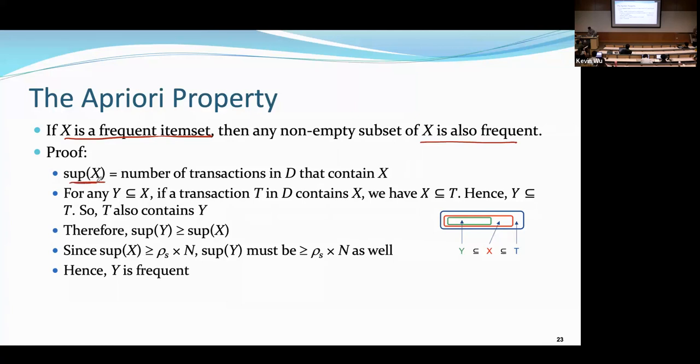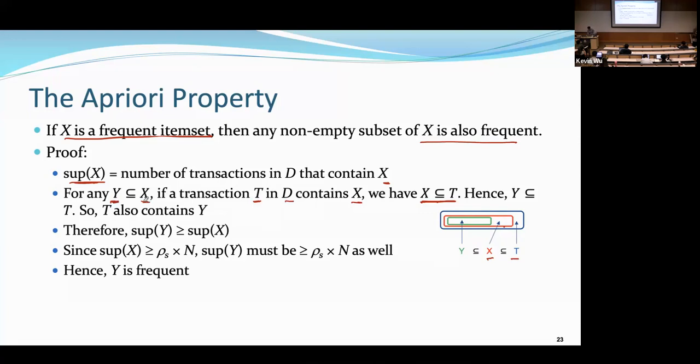Let me use support X to represent the support count of X. By definition, this is the number of transactions in D that contain the item set X. And let us consider any subset Y of X. If a transaction T in the data set contains X, or supports X, it means that X is a subset of T. All of the items mentioned in X are also there in the transaction T.